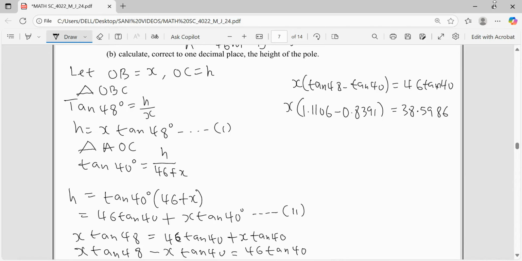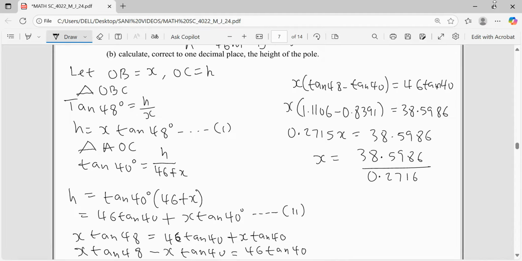So we have 0.2715X equals 38.5986. Therefore, X equals 38.5986 divided by 0.2715. So therefore, X equals 142.1680.